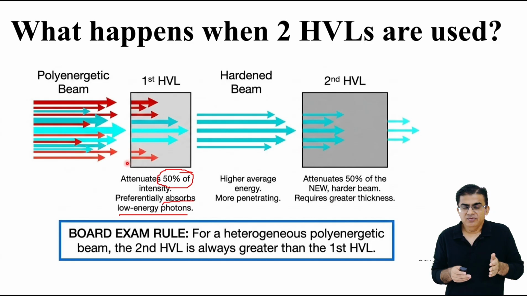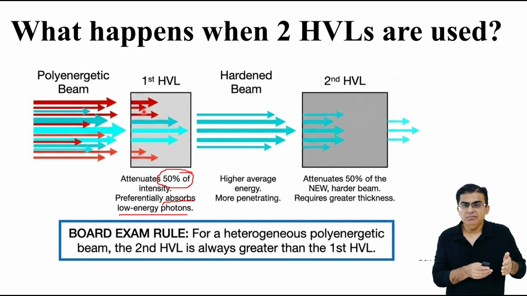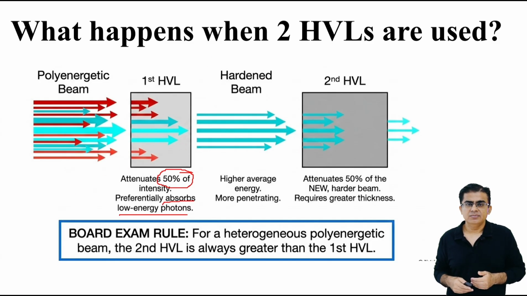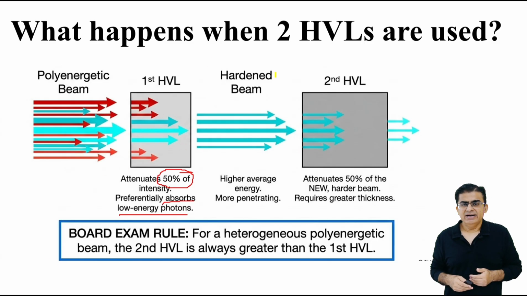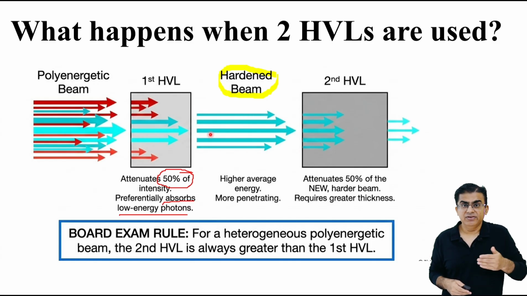Because all the weak red photons are completely removed, please look at the transmitted beam in the middle. This new surviving beam has a much higher average energy. We simply say the beam has become hardened and significantly more penetrating. Now let us reduce this new stronger beam by another 50%.